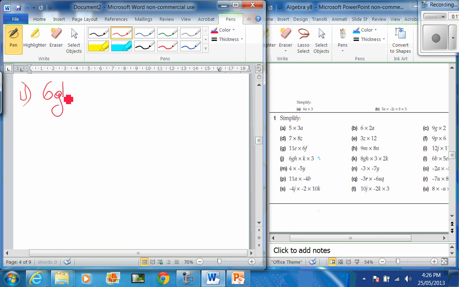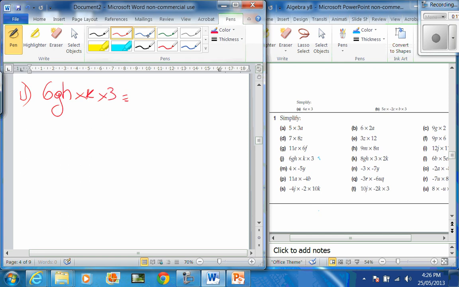6GH times K times 3 equals. Let's get rid of the times and then I will rearrange it.